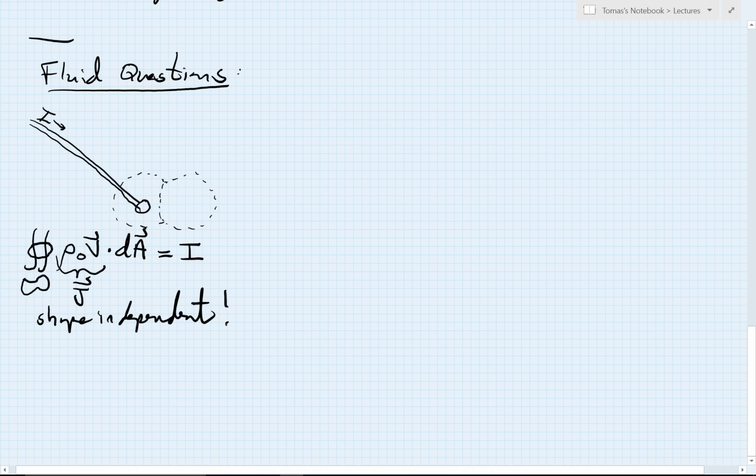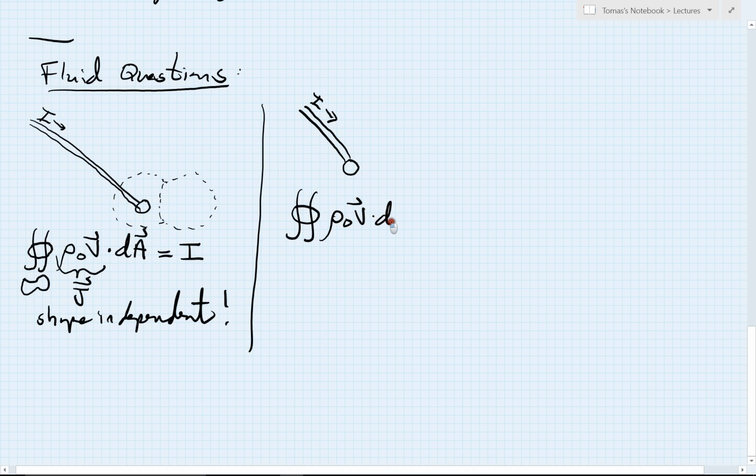Now, let's try another fluid question. Once again, I'm going to have my little point source, my little sprinkler ball, and I'm going to be pumping my current I down my hose once again. And once again, I'm going to inquire as to the integral around a closed surface of my density times my velocity.